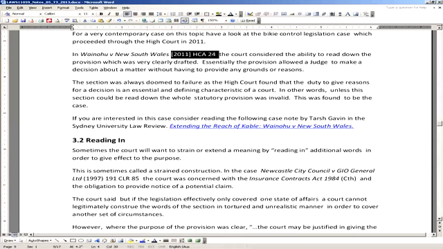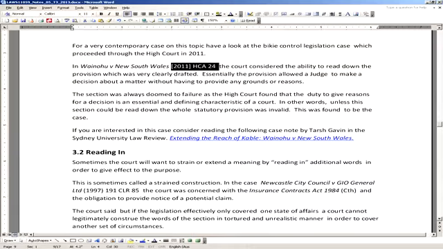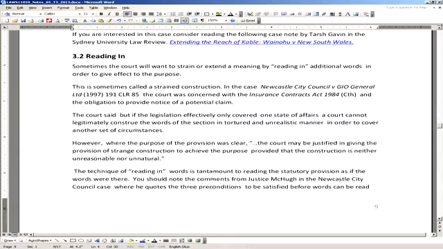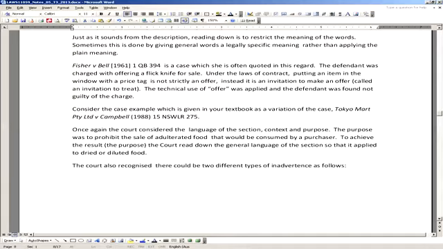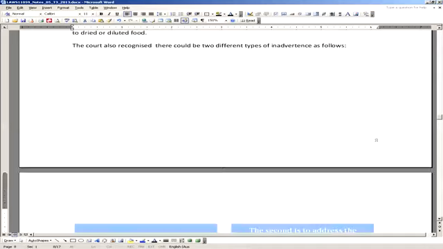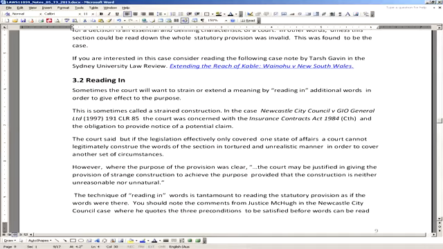All right. Reading in. We've just been focusing on reading down, so reading narrowly. Reading in is exactly the opposite: reading broadly, adding additional words in order to give effect to the purpose.